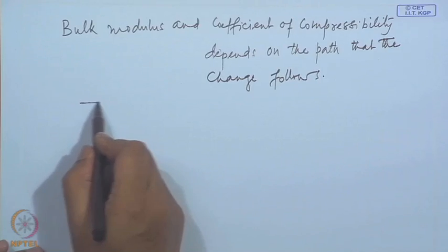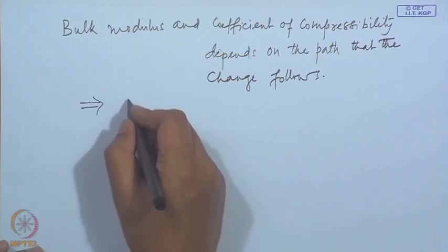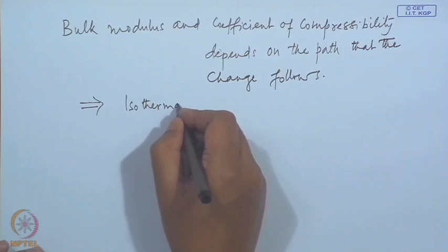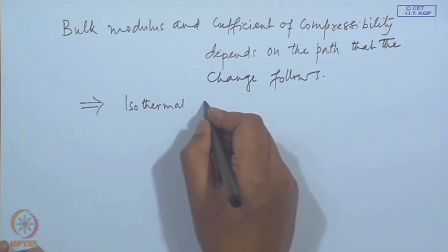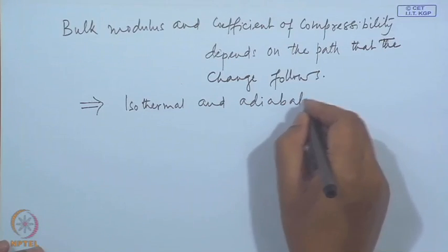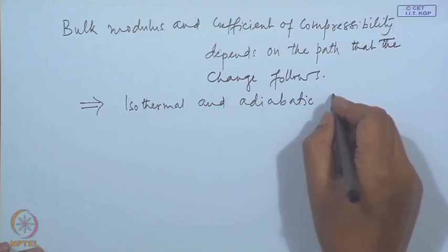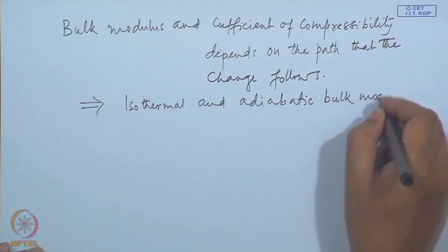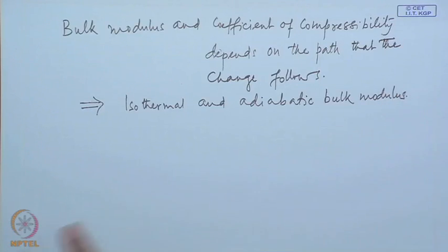So, here also we will have isothermal and adiabatic bulk modulus, and from before, their ratio will be equal to the ratio of principal specific heats.